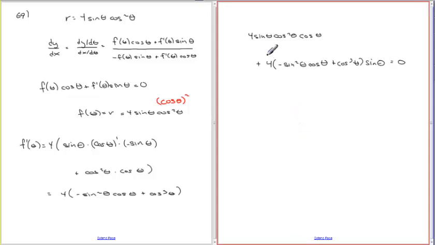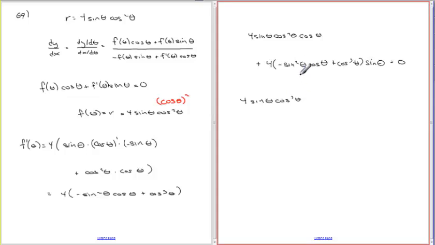So what can we do here? Let's multiply this out and consolidate terms. The first two terms become 4 sine θ cosine cubed θ.